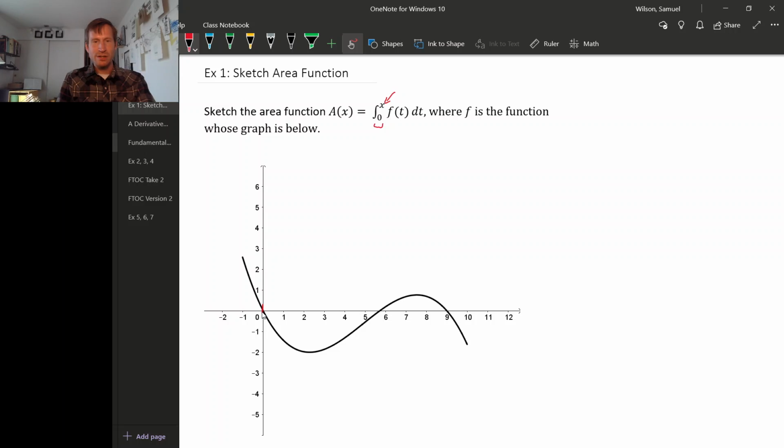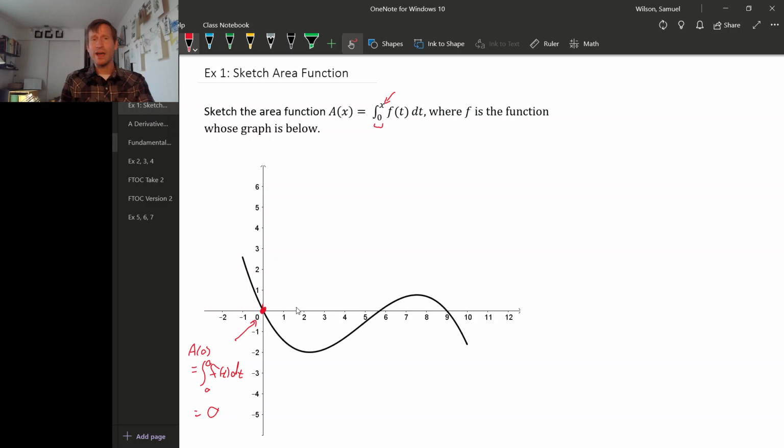First of all, we could start at x equals 0. So A of 0 is the integral from 0 to 0 of this function. But remember, the integral from 0 to 0 is 0. So one point on the graph of our area function is (0, 0), right here.